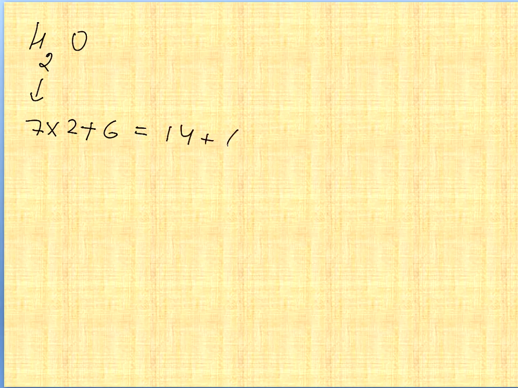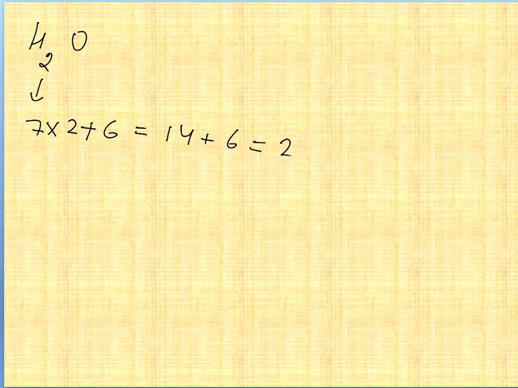First of all, we will take the example of H2O. We take hydrogen 7 into 2, plus oxygen, whose atomic number is 8 and valence electrons will be 6. So 14 plus 6, what will this be?